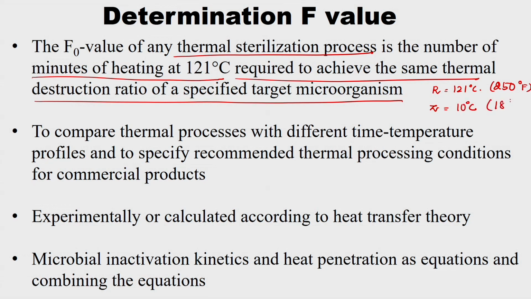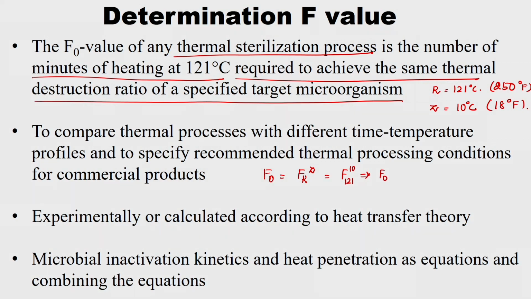So, this is equivalent to 18 degrees Fahrenheit, right. So, any F naught value is nothing but F of Z. So, this becomes F 121, and this is 10. So, this is equivalent to F naught. So, instead of writing this we can write F naught, right.